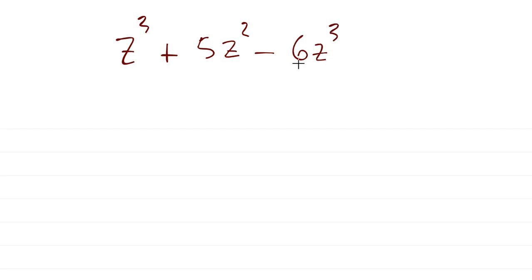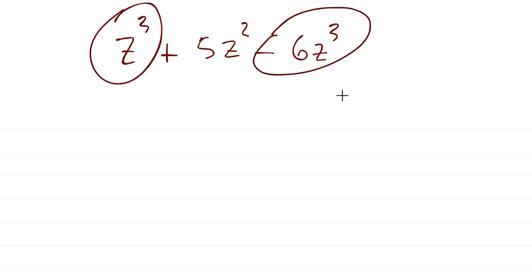And I also want you to see something. Let's say we had z cubed, my z's are horrible, sorry, z cubed plus 5z squared minus 6z cubed. Now you look here and you think, hey, they all have a z attached to them. They must all be like terms. We can combine them all together, but we can't do that. The only two terms that we can combine together, hopefully you saw that, are this positive z cubed and this negative 6z cubed.